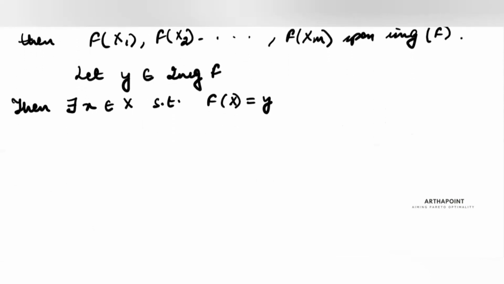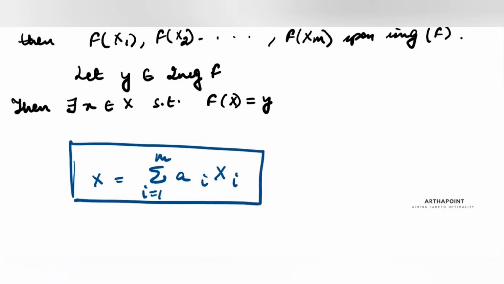So there will exist any x which is nothing but a linear combination of these x's, the sum of ai xi, i from 1 to n. Any new vector can be created from a linear combination of these x's. This is what it means if it is spanning the vector space.